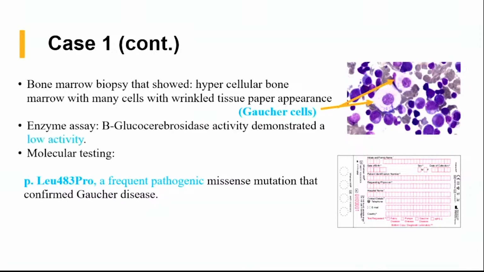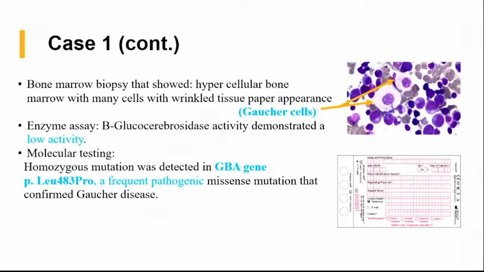We proceeded to enzyme assay, which showed low activity of beta glucocerebrosidase. And we proceeded to molecular testing that showed a homozygous mutation in the GBA gene.